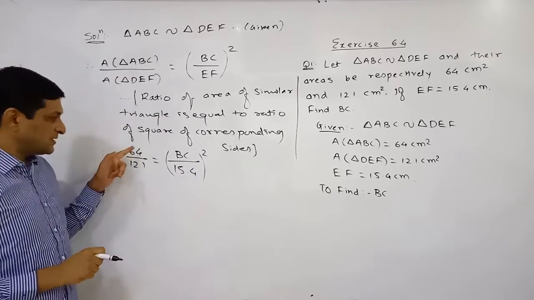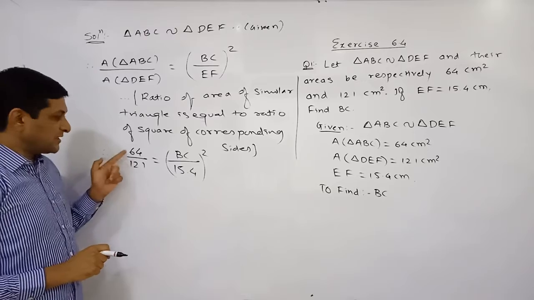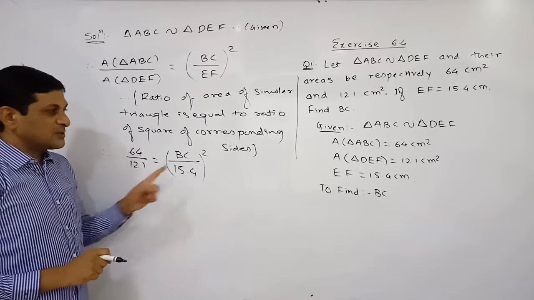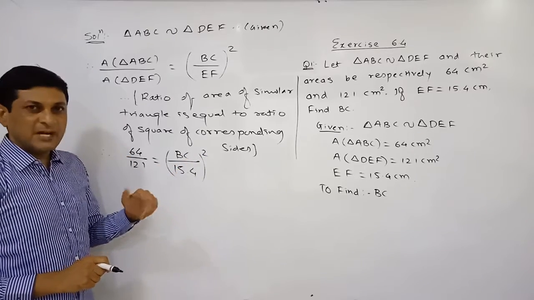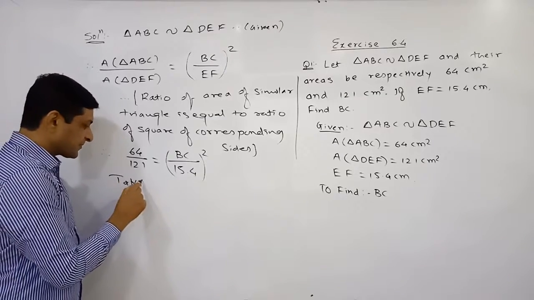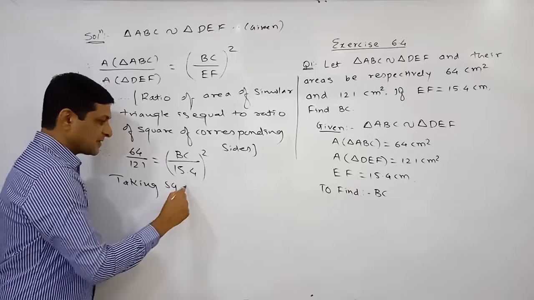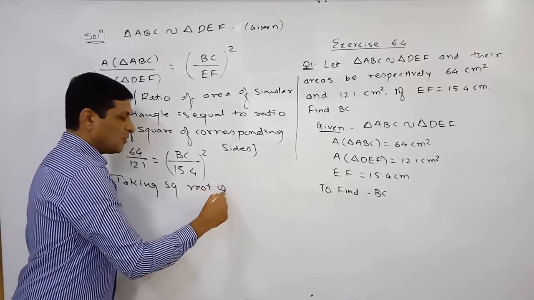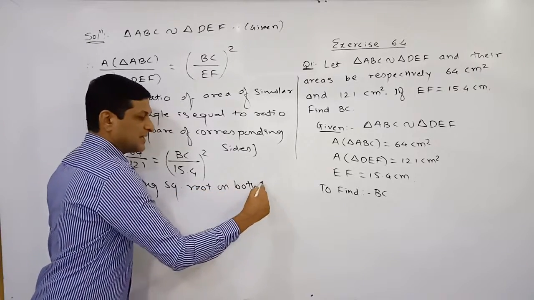Now if you observe this left hand side, check whether both the numbers are perfect squares. So to eliminate this square, we are taking square root on both sides. Let us see what we will get.